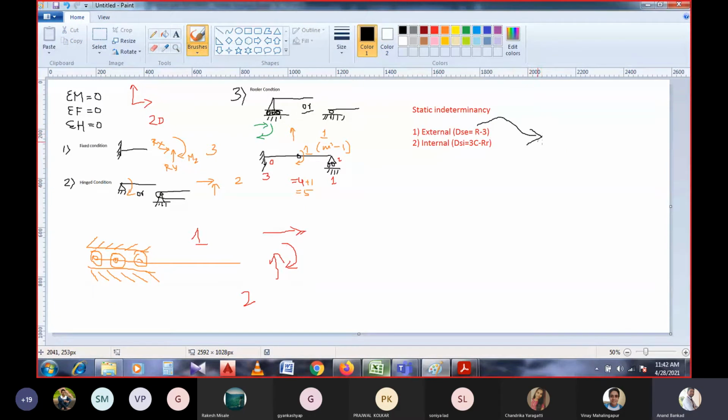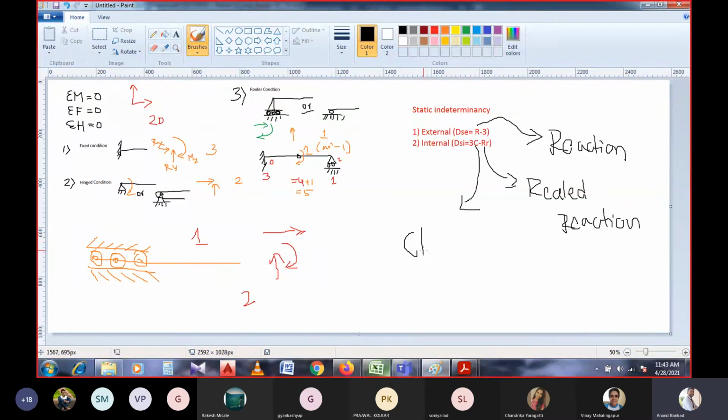In this, R is nothing but reactions, what we have at the particular supports. But this is RR, the number of released reactions. Please do remember that RR is released reactions, and C is the number of closed loops.